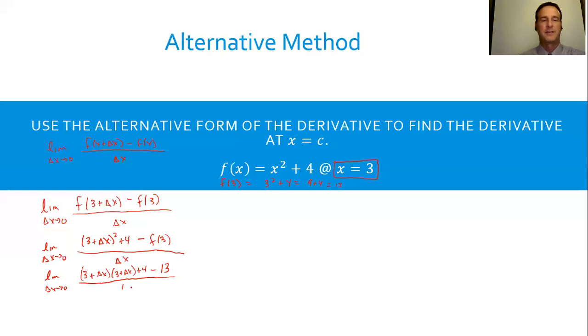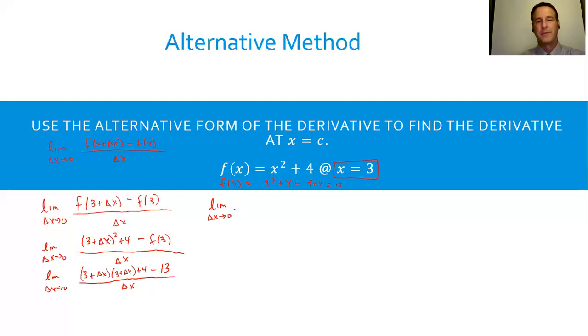All over delta x. Now, some of you will look at this and say, well, wasn't the bottom piece supposed to cancel with items in the front? And the answer is yes, but let's simplify a little bit more. What does that mean? Well, I'm going to take this item here and multiply it out.